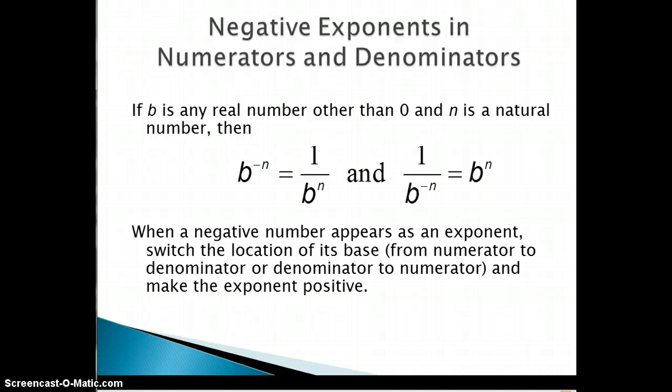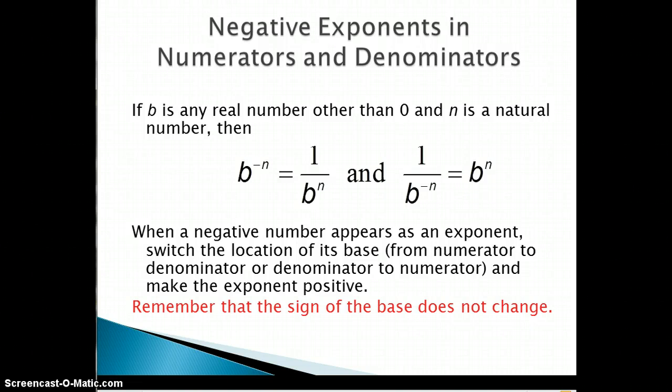So 1 over b to the negative n, we're going to take that b that's in the denominator and move it to the numerator, and then change the negative n to a positive n. So we have b to the positive n. And remember that the sign of the base does not change.